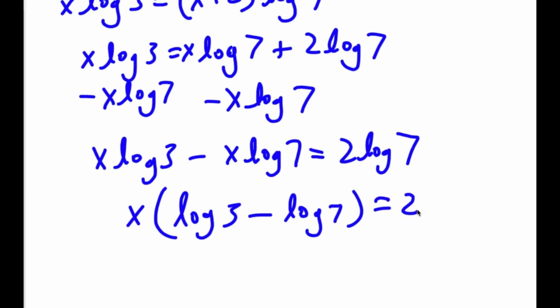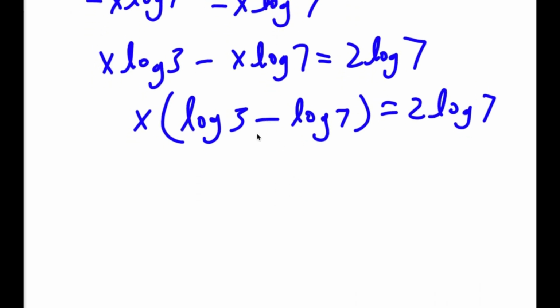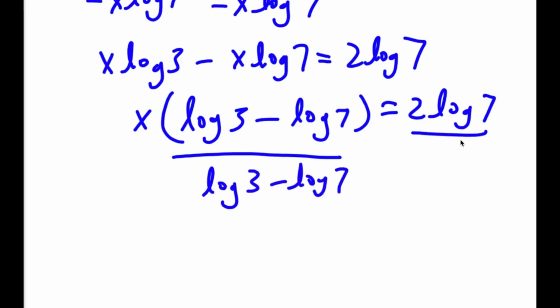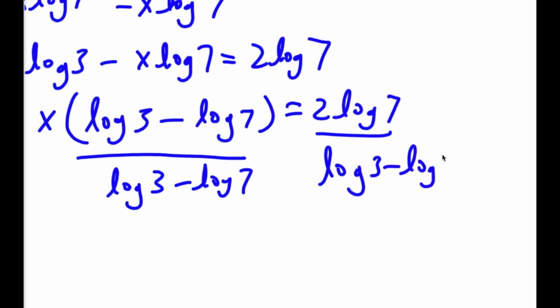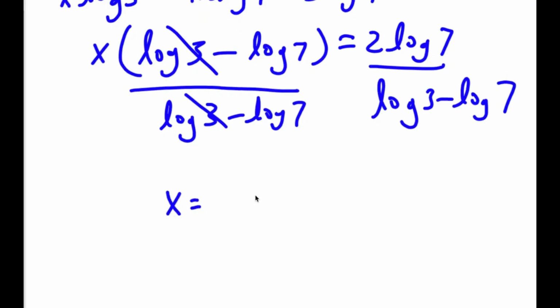And this is still equal to 2 times log 7. And now I have x over here, and we want to isolate x, obviously. So I'm going to divide both sides by log 3 minus log 7. So now these two will cancel out, and I have x is equal to 2 times log 7 over log 3 minus log 7.